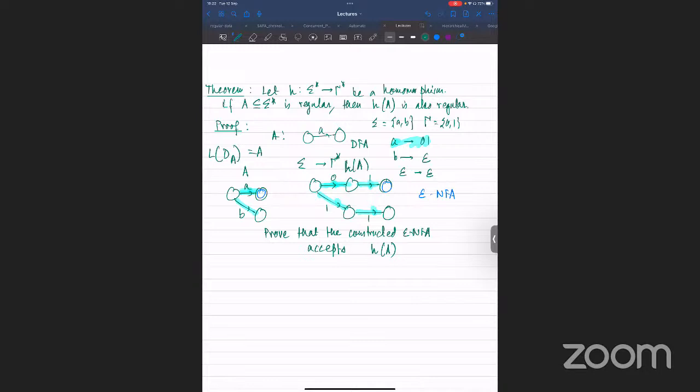Using induction. You would have to define a delta star and a delta prime star, and then you'd say: if there is a run from one state to another, then you can simulate it in the epsilon NFA, and if the run is accepting, then here also you will get an accepting run. Correct?